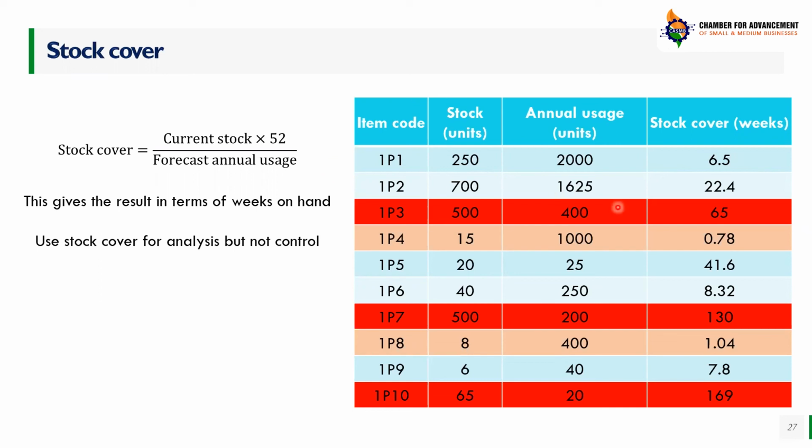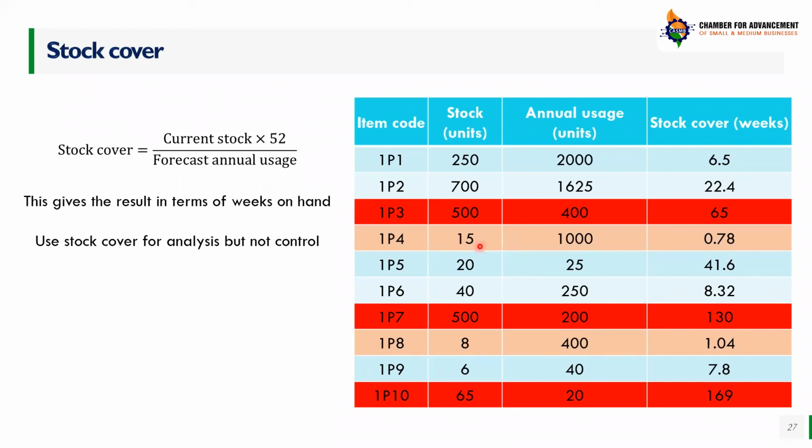Now, items which are marked in red here need more attention. Let's take the example of item number 4. There are 15 items in stock and we need 1000 items annually. That means the stock of 15 items is sufficient for just 0.78 weeks, which is even less than 1 week. Then we need special attention on why there is so little stock of this item.